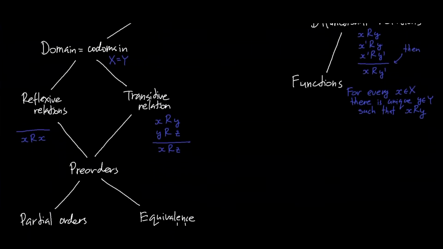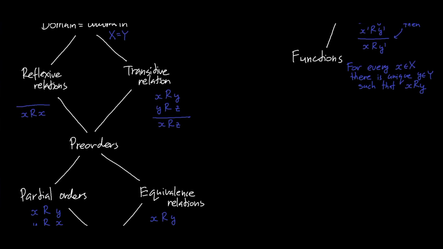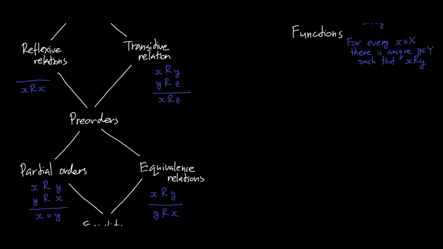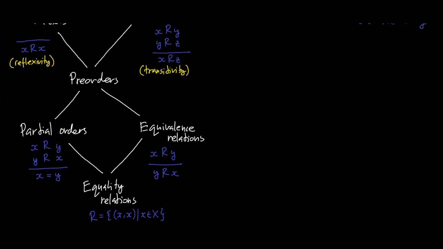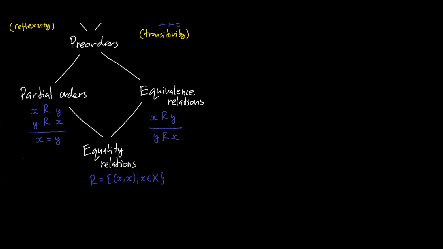There is another picture on the right side, but before I move to the right side, let me remind you what the names of these properties are. So this thing is called reflexivity. This thing here is called transitivity. This thing here is called antisymmetry.